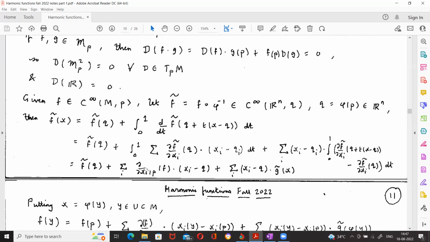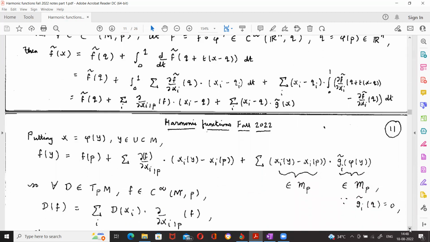This is by definition del del xi acting on f into xi minus qi. There's a typo, this should be qi. And then plus sum over i, I have this xi minus qi into this integral. This integral is a function of x, which I will call gi tilde of x. So there's an i missing here. There's another typo, sorry.